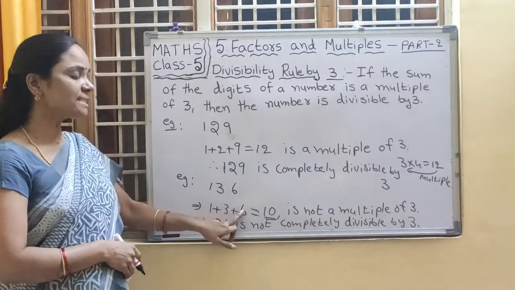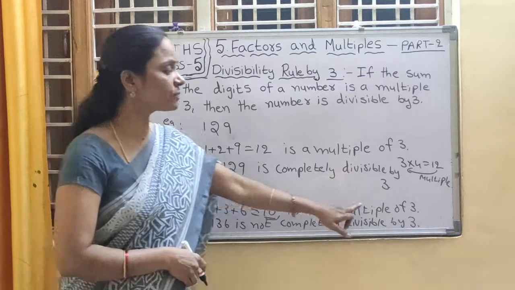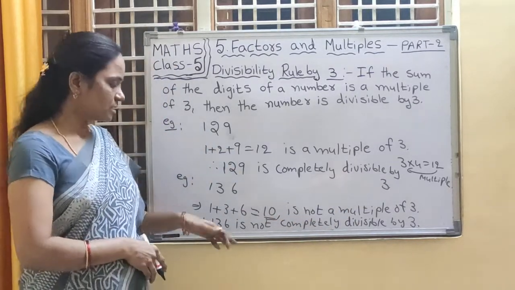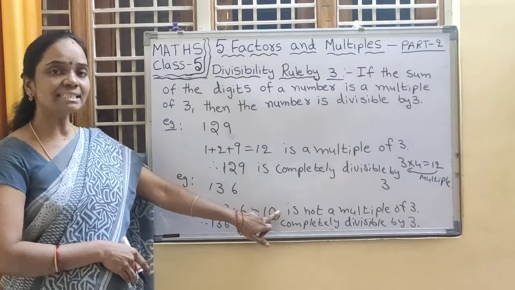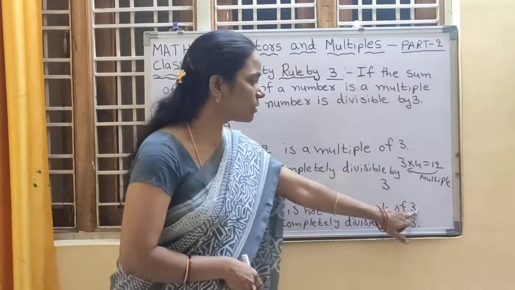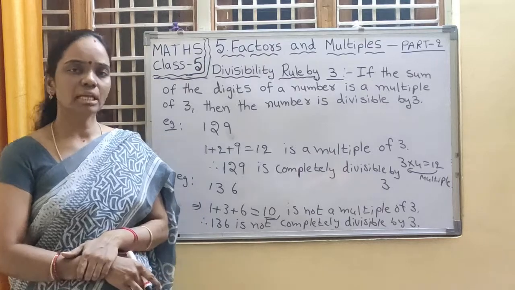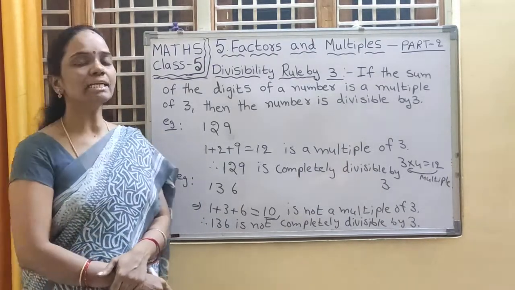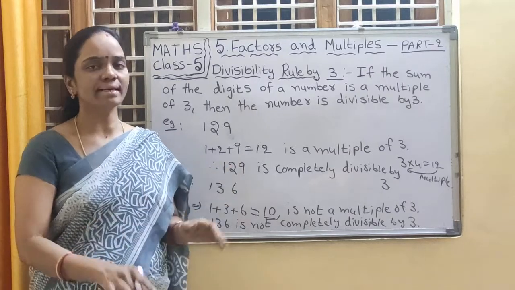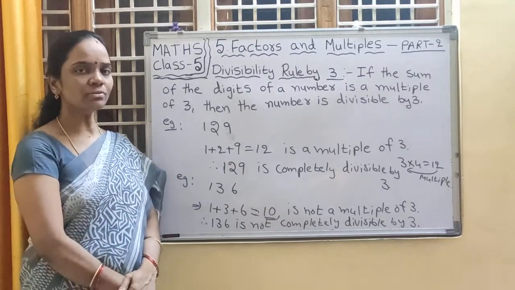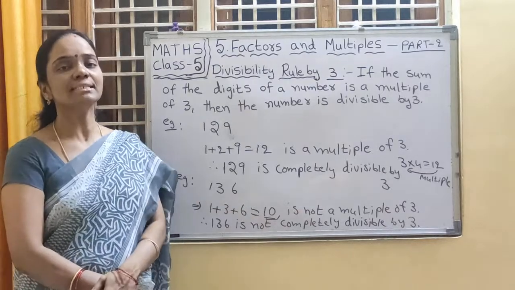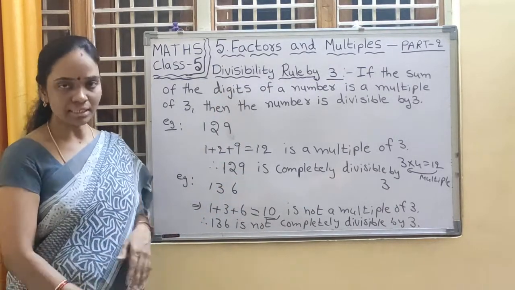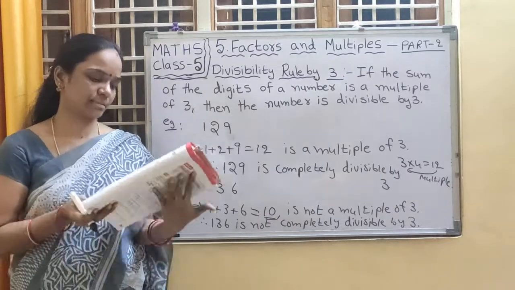If the sum of the digits of the given number is a multiple of 3, then we can say that the given number is divisible by 3. Here the sum of the digits is 10. 10 is not a multiple of 3, meaning in the 3 table we will not get 10. So 136 is not completely divisible by 3. Understood, children, all of you? Completely means the remainder is 0. Note it down, this is the divisibility rule by 3. Next.